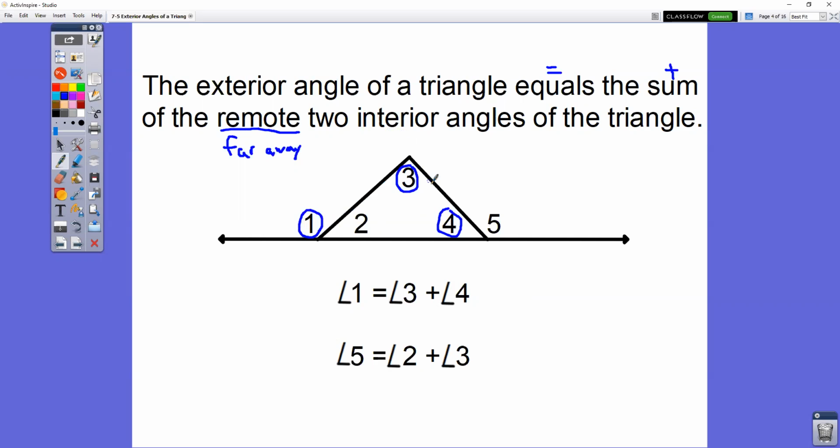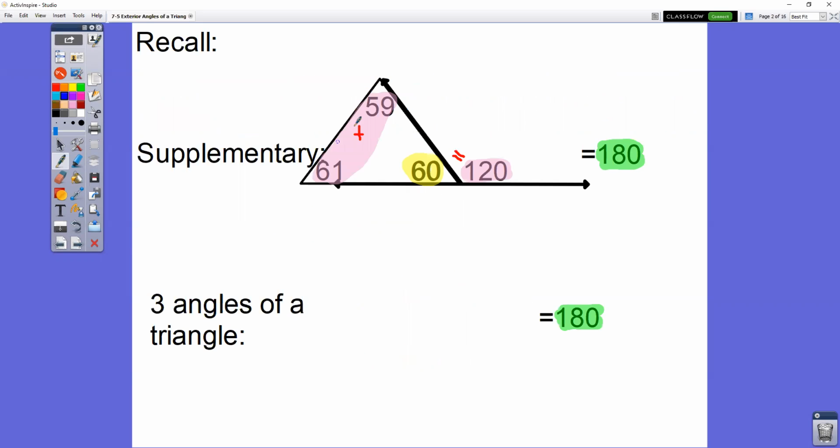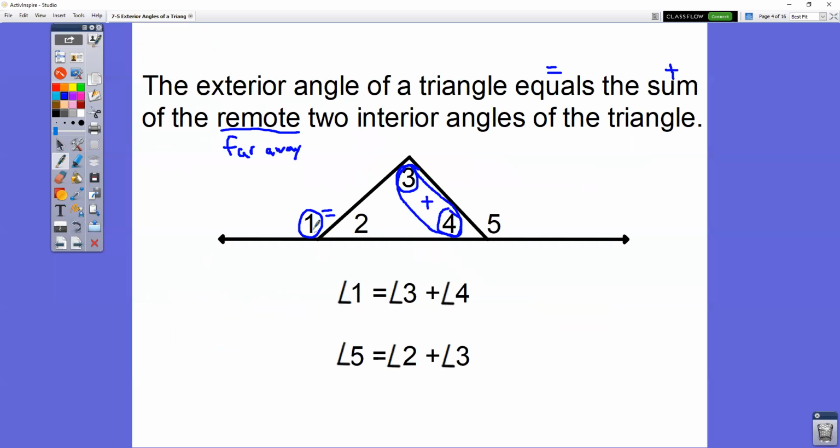So what the formula says is that these two angles added together, angle number 3 and angle number 4, equals this outside angle of angle 1. And that's exactly what we were looking at in this previous picture. 59 plus 61 equals that outside angle of 120. So that's what happens there. But we also, in the same picture, so angle 1 equals angle 3 plus angle 4.